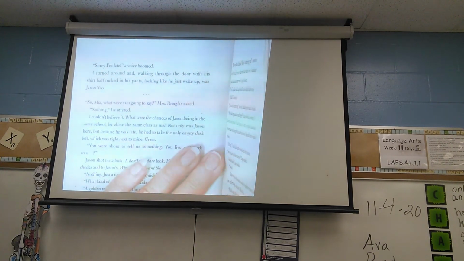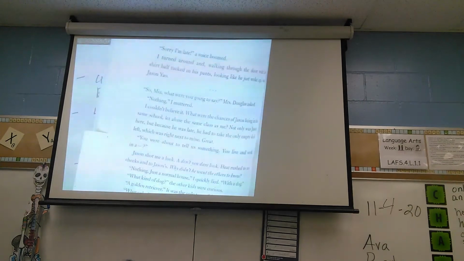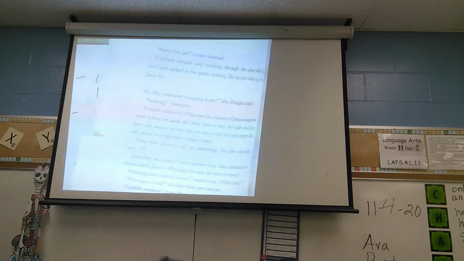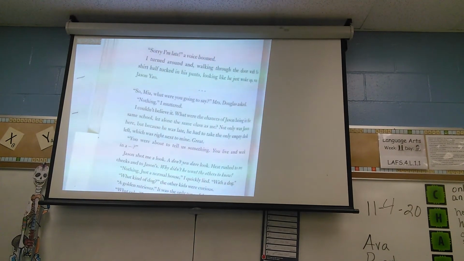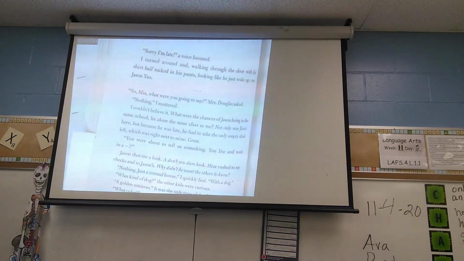All right, so what else can we infer here using the details from the text? Fiona? And he doesn't care what people think about him, right? Can you say a little bit more about that? What specifically doesn't he care about? His appearance, right? How he looks, right? He doesn't really care about that.